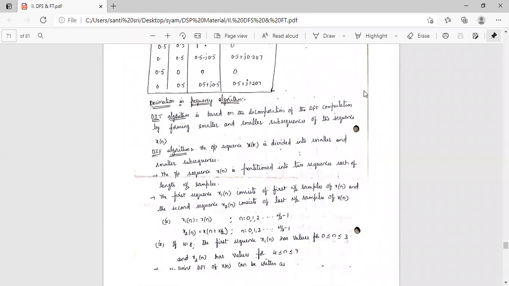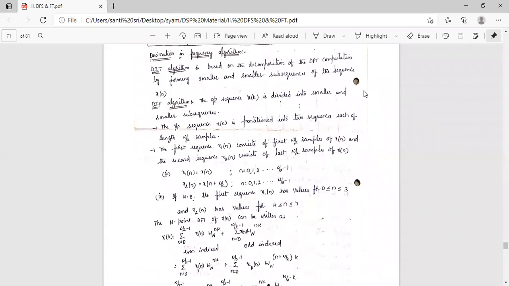In the next class we will discuss the decimation in frequency algorithm, that is DIF FFT. With this I am closing today's session. Tomorrow we will continue with the decimation in frequency algorithm. Okay. Thank you.